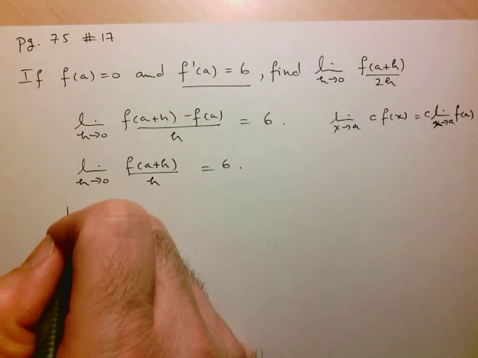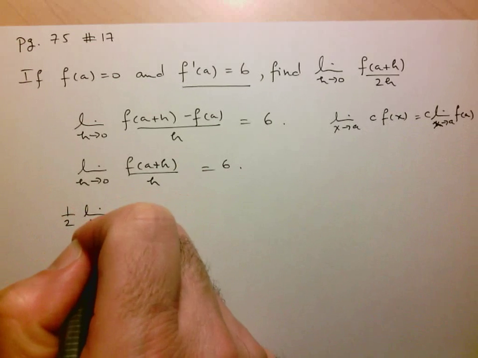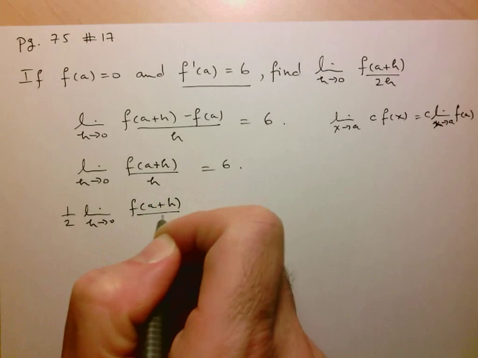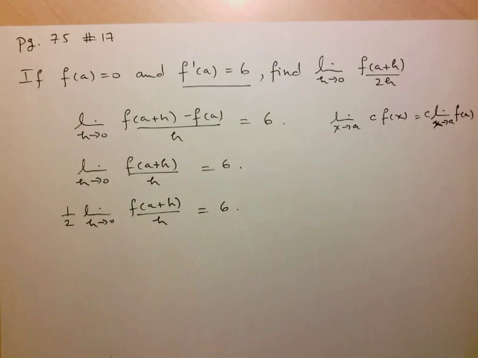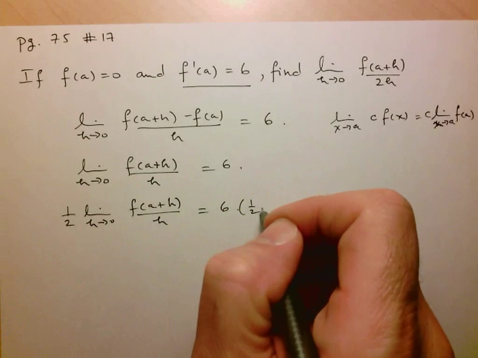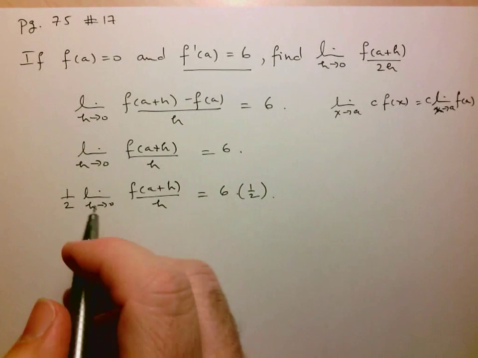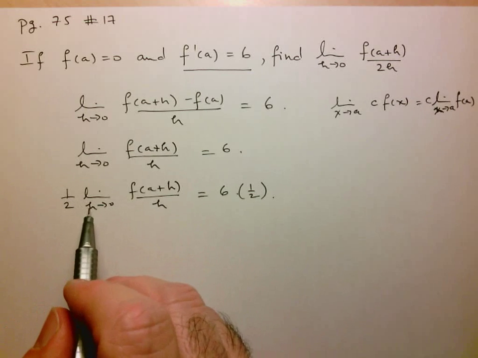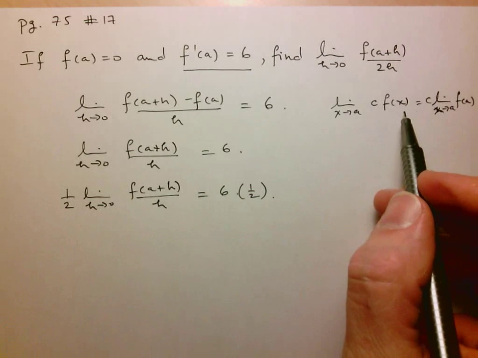So I'm going to multiply both sides of the equation by 1/2. Okay. And now I'm going to bring this 1/2 into the limit. But this is where we have to be careful, because there's a condition on being able to use this property.